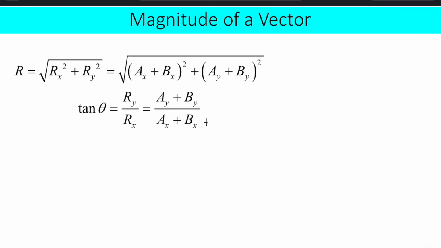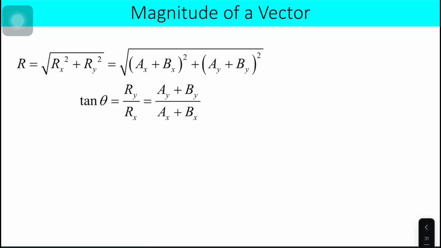Next step, we are going to calculate the magnitude of the resultant by following Pythagoras. The magnitude of R is equivalent to the square root of Rx squared plus Ry squared. For this example, it only has A and B. For our addition of the information just now, we have the Cx, Dx, Cy and Dy.